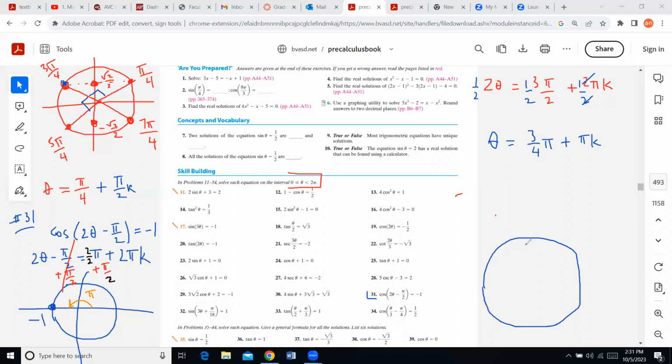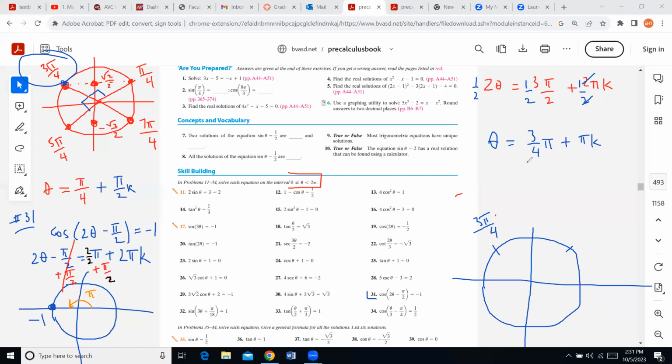I would say making this picture is essential for solving these exercises, because right away you see what's on that circle from 0 to 2 pi. So 3/4 of pi is here, right? We just saw this in the previous exercise on that circle as well. So here's 1/4, it's 3/4.